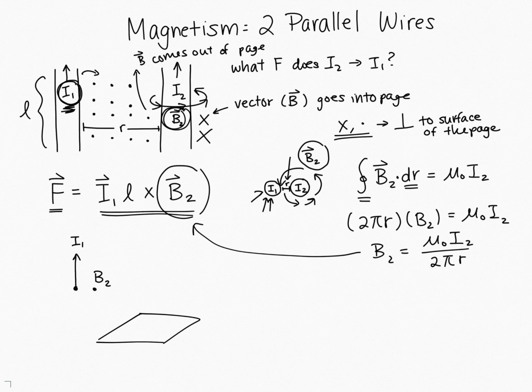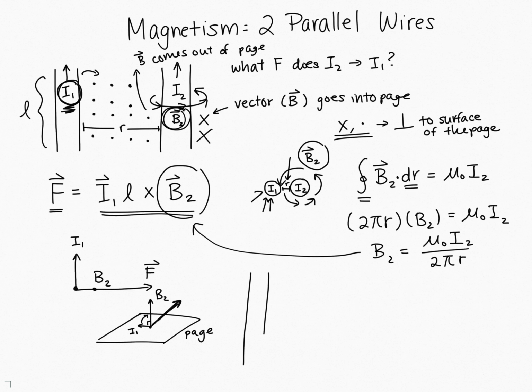If this is the surface of our page, I1 is pointing upward, and B2 is pointing out of the page. So when we take the right-hand rule of I1 cross B2, our resulting vector is going to be pointing to the right. And that's going to be the direction of the force.